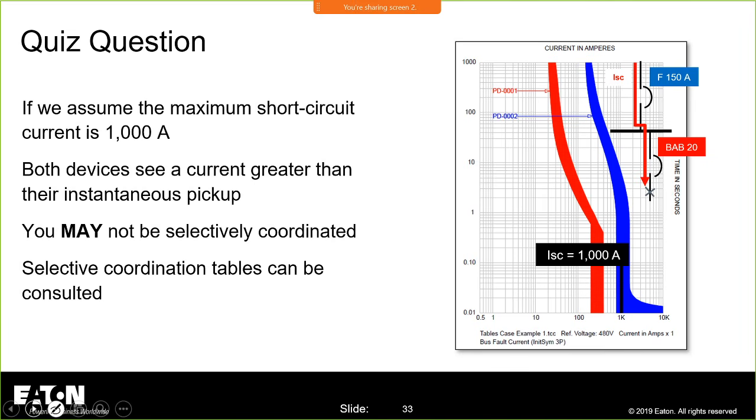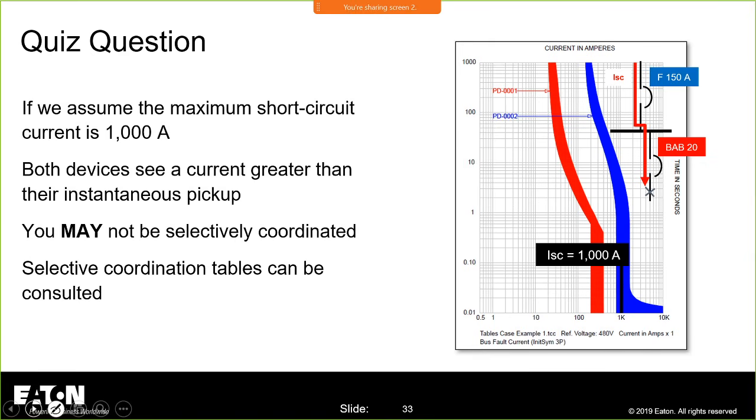Now, if my fault current is 1,000 amps, I'm into the instantaneous region of both of these circuit breakers. Based on what I'm seeing, I don't know if I'm going to coordinate or not. My best guess would be that it doesn't, because I am now in the instantaneous region.